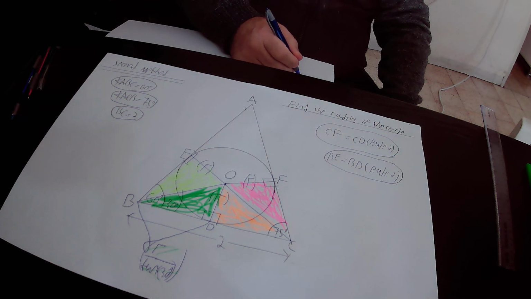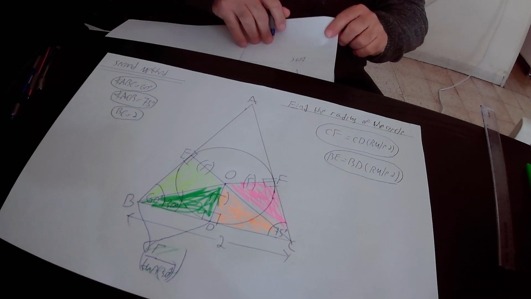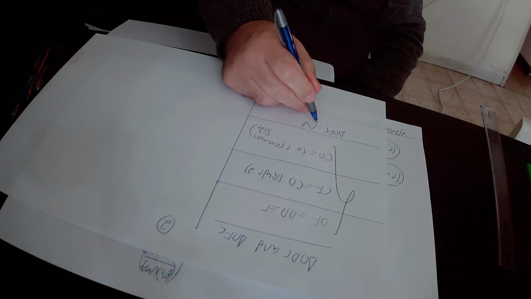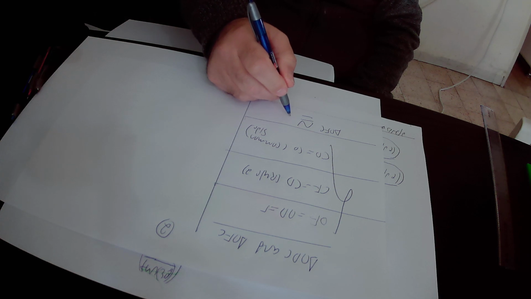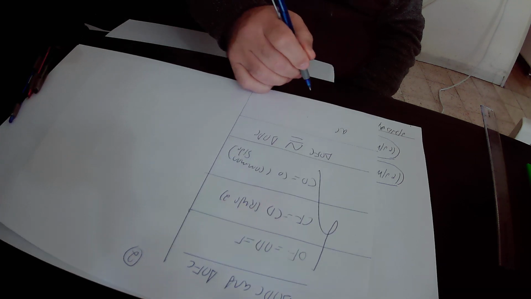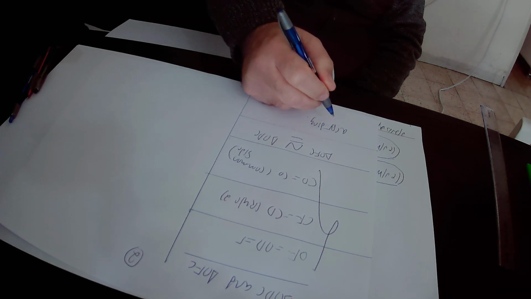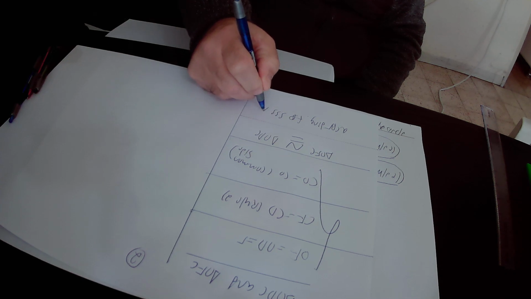The pink triangle OFC is congruent, this is the sign of congruent, to the orange triangle ODC according to side rule.